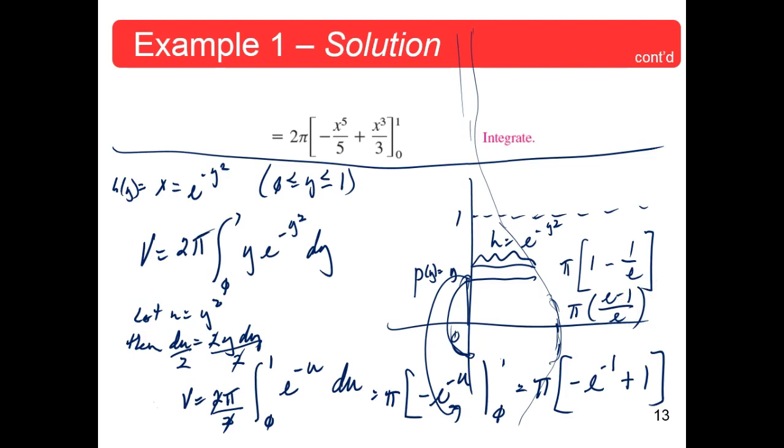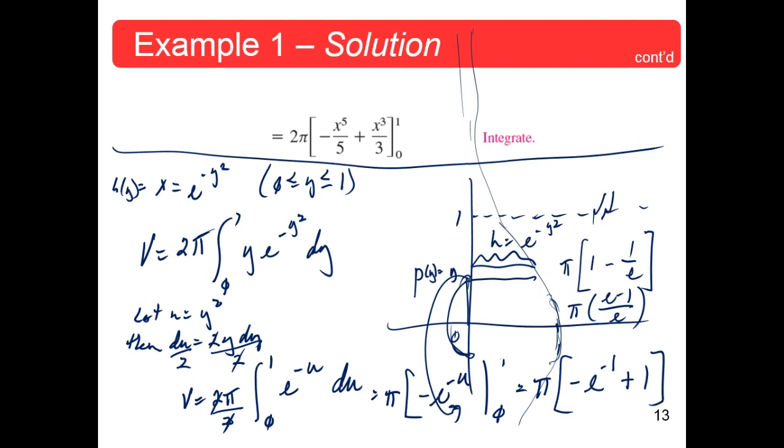Except those are all numbers there. They're not really functions anymore. If you got your calculator, I don't know which one's easier. I would think this one would be a little easier to calculate. Pi times 1 minus 1 over e would be approximately what? Anyone got it?